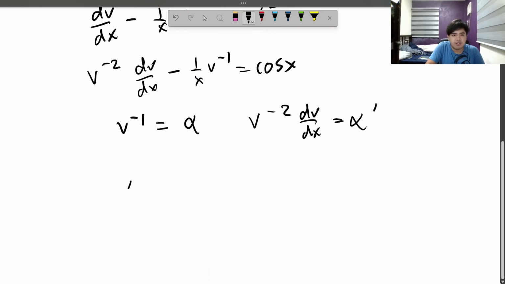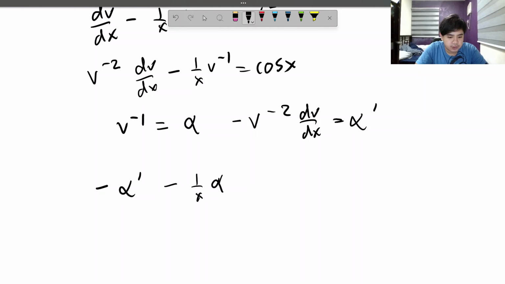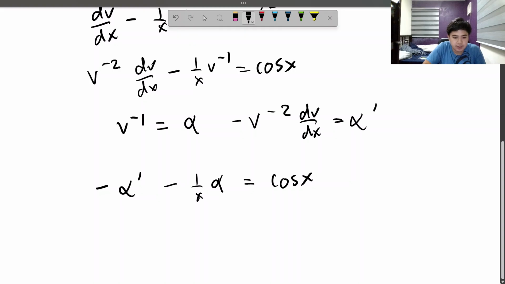So this is alpha prime minus 1 over x alpha. Oh, sorry, I forgot the negative here. So this should be negative alpha prime. I'm kicking myself right now. Let me see. Yes, all right, that's correct. Equals cosine x. Cosine x is pretty much unaffected in this situation. And since there's a negative, we have to multiply both sides by negative. So alpha prime plus 1 over x alpha equals negative cosine x.